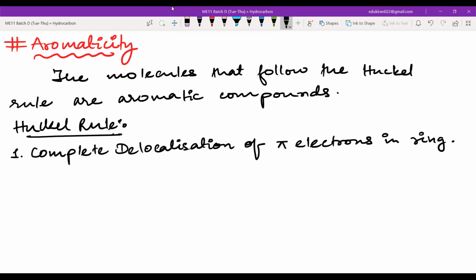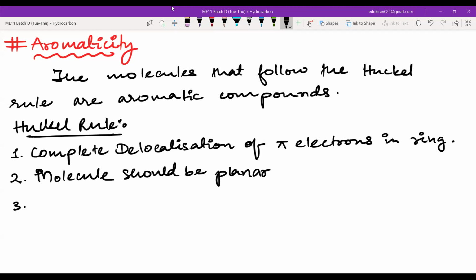So you also have to have a ring. Second, the molecule should be planar.